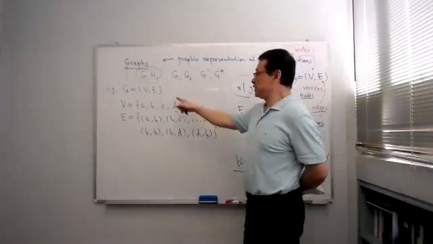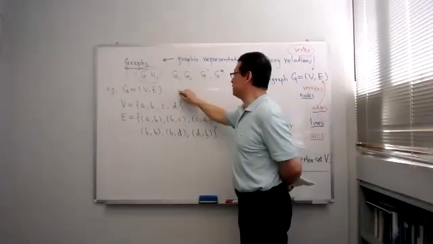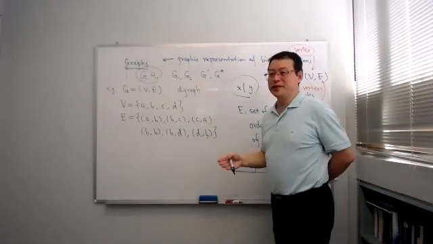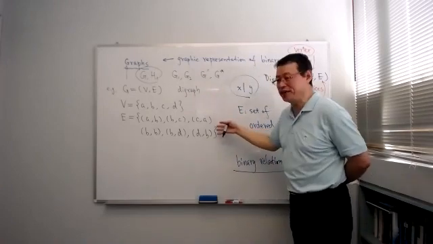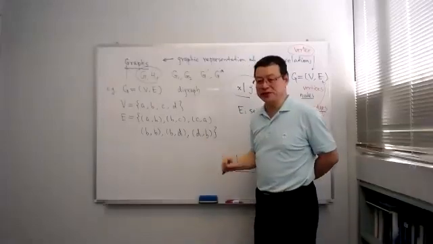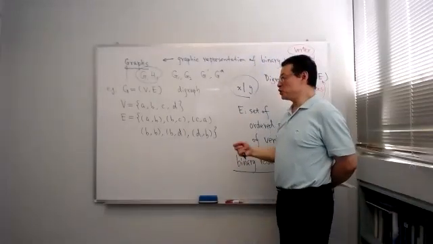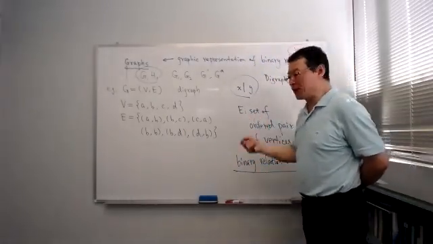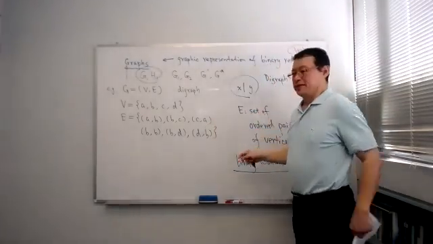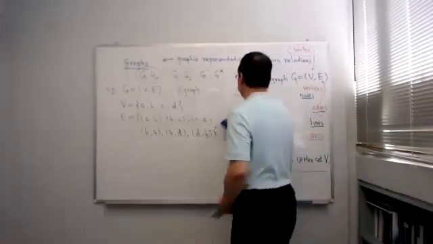So formally, this one defines a digraph. Of course, you will say it's hard to see what it is, right? We only see pairs. It's difficult to see it. So the best way is to draw a picture to represent this one. This one will give us the following graph.